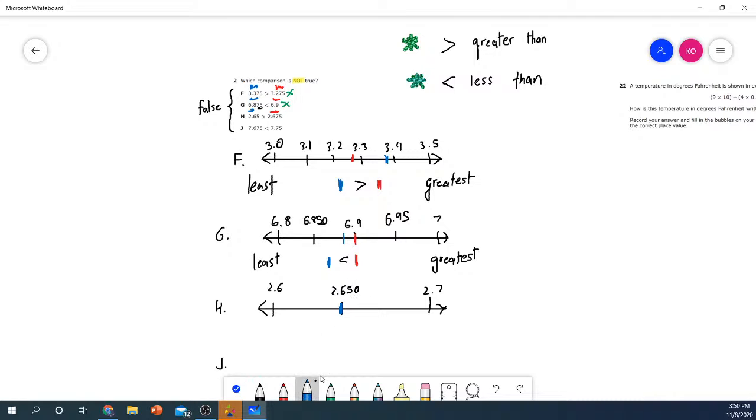We know that 75 is greater than 50. And if we look at the last two digits, right here and right here, we see that 75 is greater than 50. Therefore, 2.675 right here is greater than 2.650. So red is greater than blue.